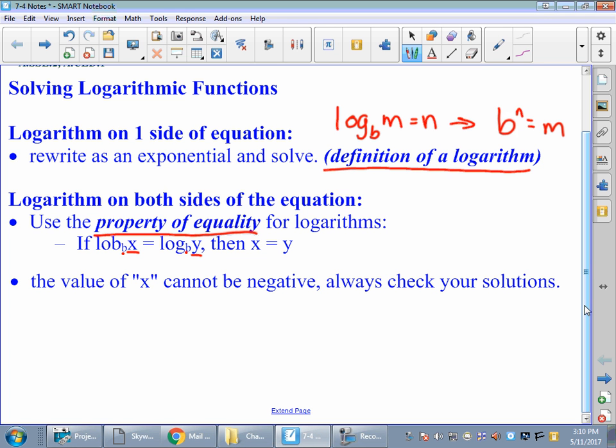So you're really looking to see, do I have a log on both sides or do I just have it on one side? When you solve, the value of x cannot be negative, so you always have to check your solutions. And what I mean by x, I'm not talking about variables. I'm talking about when you plug it in here, if it occupies that spot of log base b of x, that can't be negative. You can have negative answers.